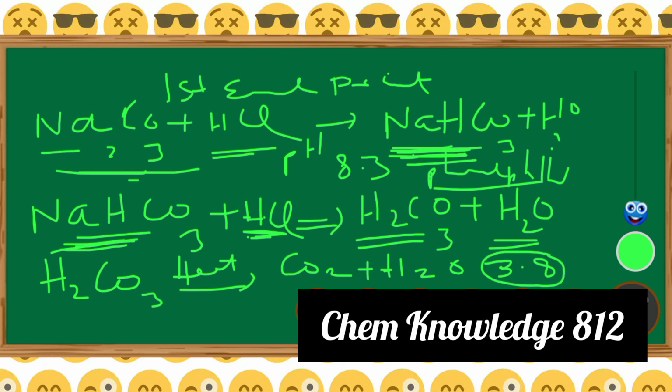Sodium bicarbonate will be converted to carbonic acid by using an indicator which is methyl red. So methyl red indicator will be used, transition range 3.8. This is the second point we obtain.